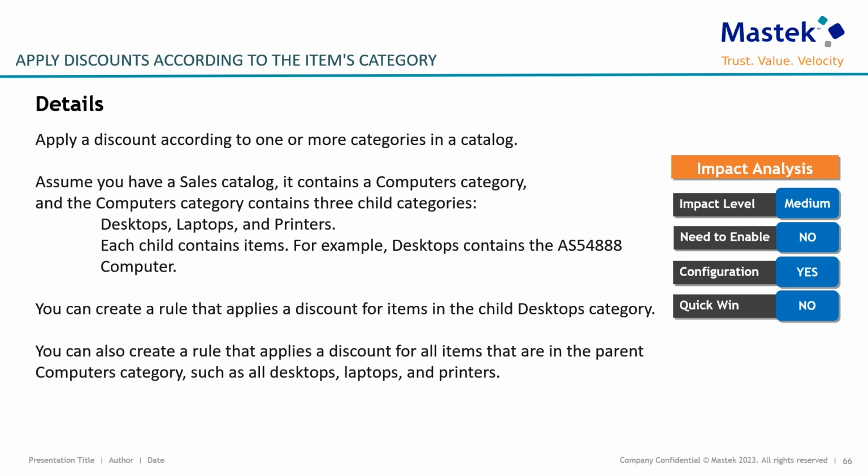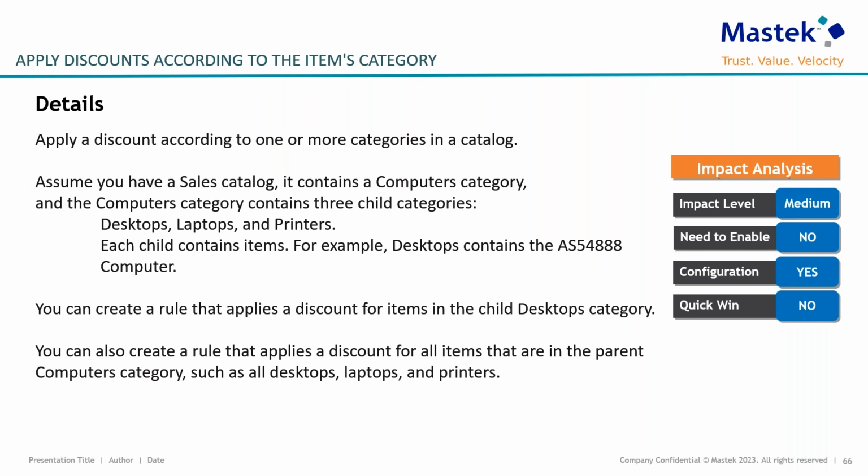It contains computer as a category, and the computer category contains three child categories like desktop, laptops, and printers, and each of them has different parts. Now you can create a rule that applies a discount for items that are in the child desktop category, and we can also create a rule that applies a discount for all items that are in the parent computer category.